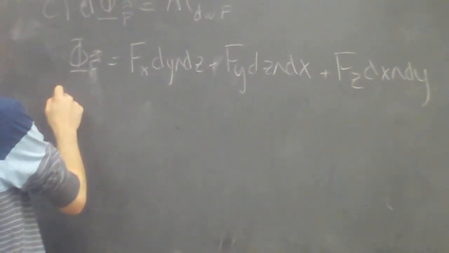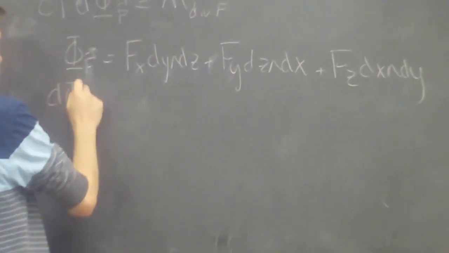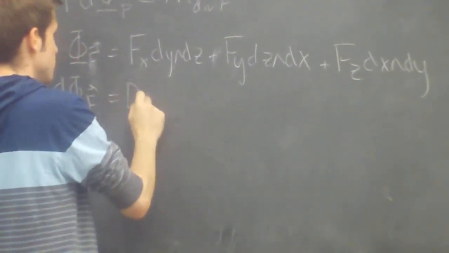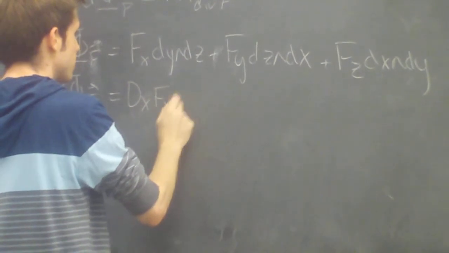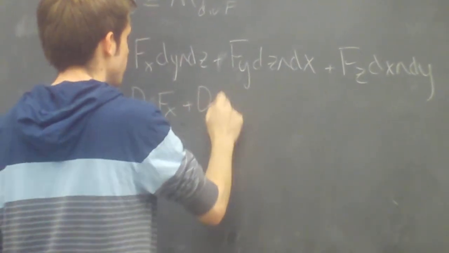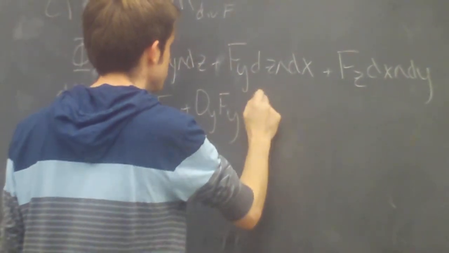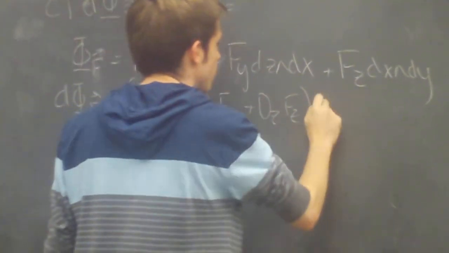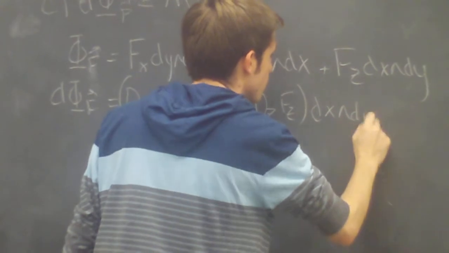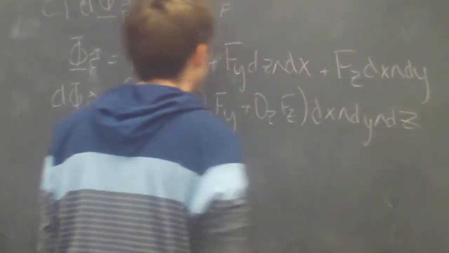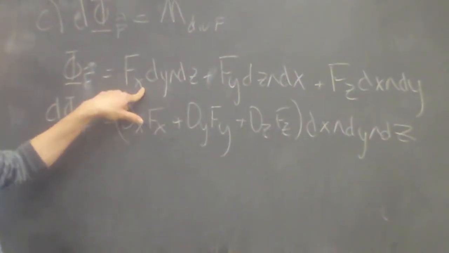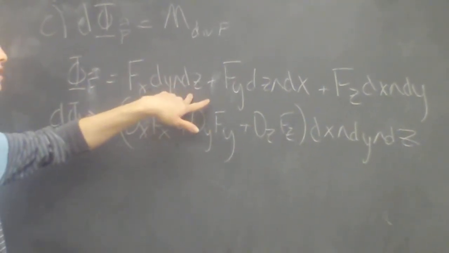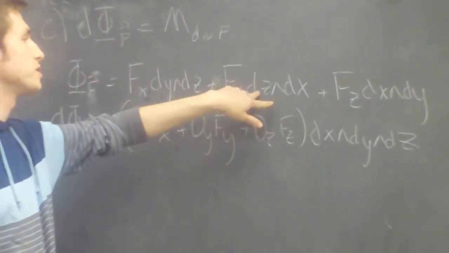So if you take the exterior derivative of this, you get the derivative with respect to x of f of x plus the derivative with respect to y of f of y plus the derivative with respect to z of f of z, with a dx wedge dy wedge dz. So if you took this derivative with respect to x, you would get dx wedge dy wedge dz. This with respect to y, you get dy wedge dz wedge dx.